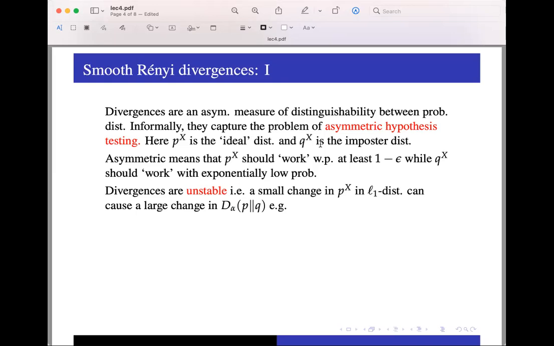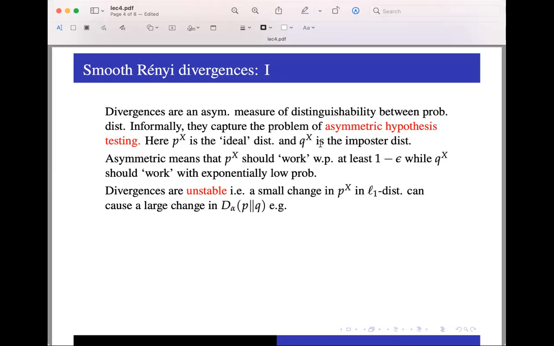The problem with divergences is that they're unstable. Whether it's a Shannon divergence or any Renyi alpha divergence, they're all unstable. What this means is that a small change in the ideal distribution in L1 distance can cause a large change in the divergence. Let's say my pet cat grows old. The ideal distribution Px gets perturbed to something P prime x, which is close to Px in L1 distance.